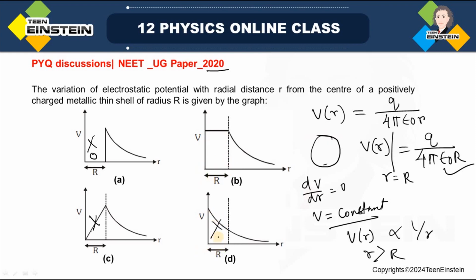The other option is also not the correct trend up to the surface. And look, outside the surface it is varying as 1 over r. V of r is varying as 1 over r. So this is actually the answer. Option B correctly represents the variation of the electrostatic potential with radial distance small r from the center of the shell. So this is the answer.